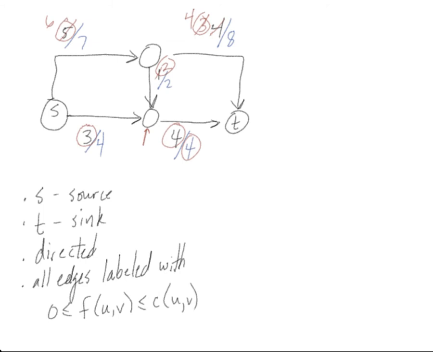Okay, so F here is the amount of flow. So that would be like the 3 there or the 4 there. And the capacity is the 4 or the 7. And so our flow cannot exceed the capacity. Furthermore, the flow must be greater than or equal to 0.